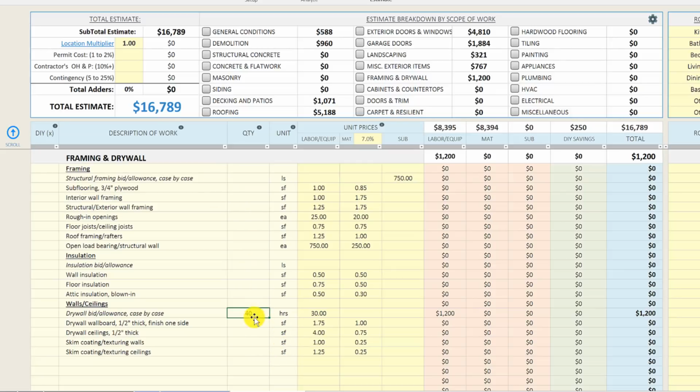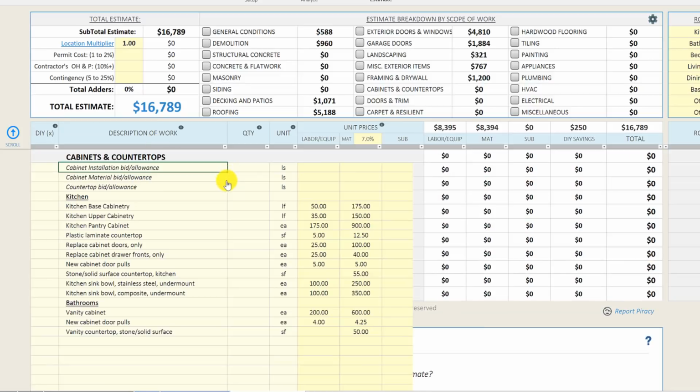So I would assume that 40 hours includes some of that. 40 hours is a long time to have a drywaller in a house, so I would just assume that this is drywall patching and texturing walls. Okay.